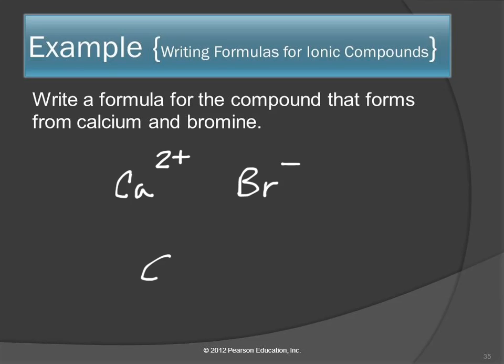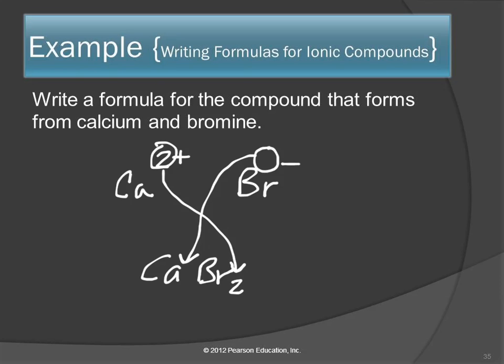So the crisscross method says we're going to take this 2, and that's going to be the subscript for the bromine, and this unwritten 1 comes down and is an unwritten 1 for the subscript on the calcium. Remember, chemists have a thing about the number 1. So CaBr2. Or if we're doing the picture method, calcium and bromide.